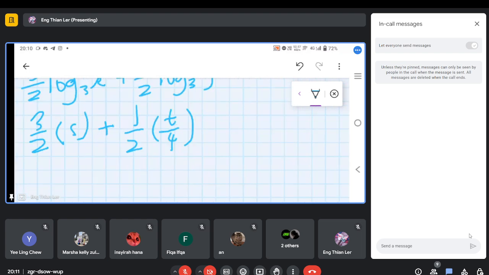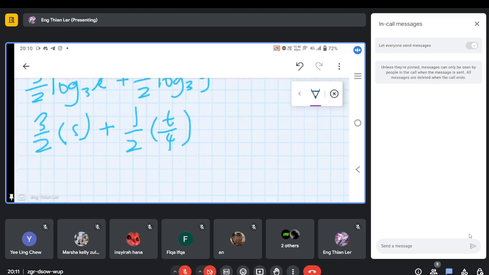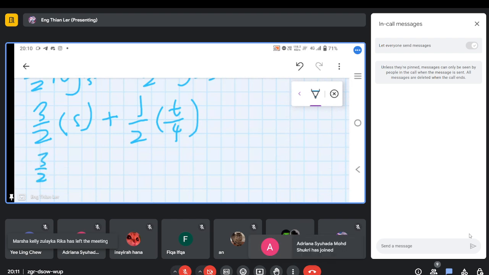So now we have expressed the term in terms of s and t, but first we need to factorize it. So we expand first upon the square root.